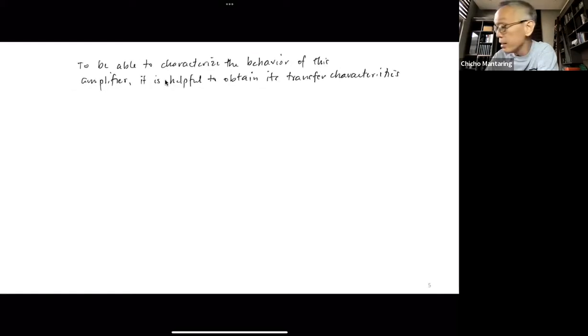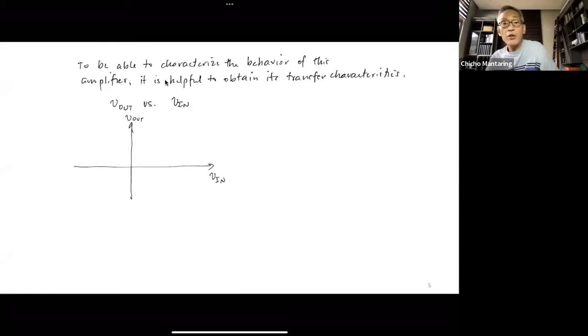And what is the transfer characteristic? We said that is V out versus V in. So I want to determine V out versus V in. What will that look like?